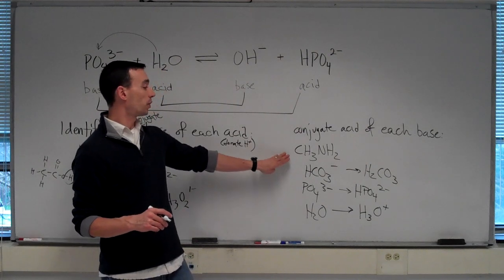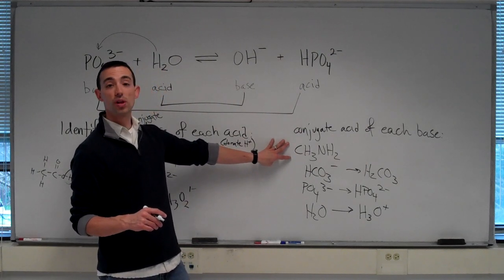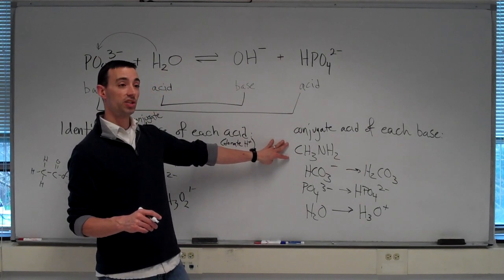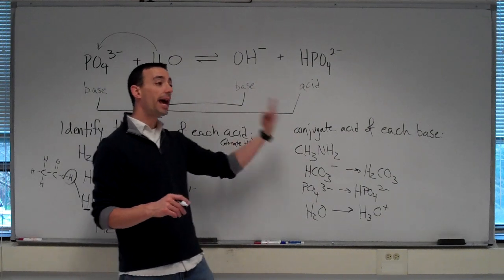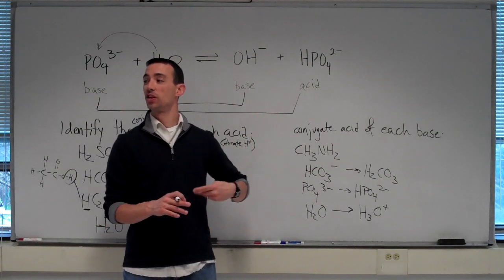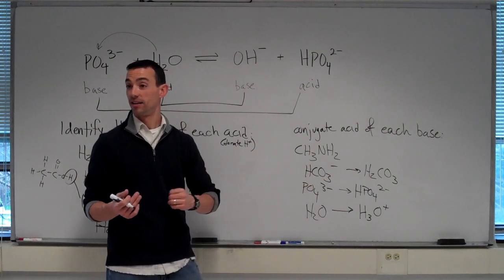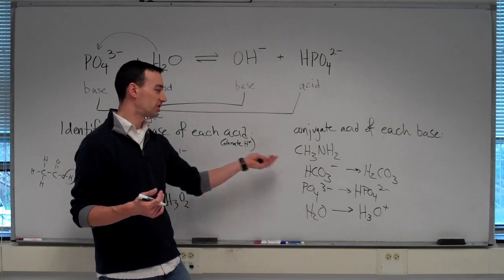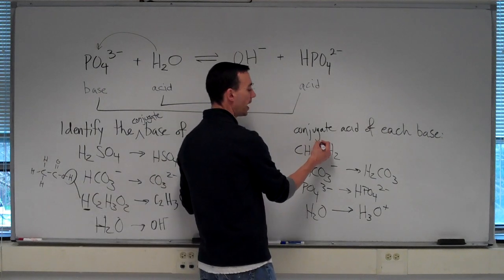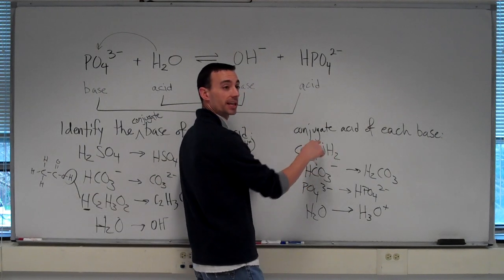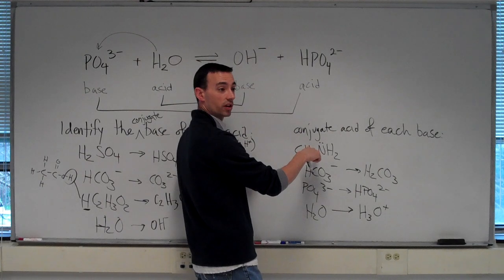So the trickiest one in this group is this methylamine, CH3NH2. We're going to add a hydrogen. So the question is, where do we stick it in the formula? Okay, so this is just to sort of show you. Usually you add it to the nitrogen because that's where the lone pair of electrons is.